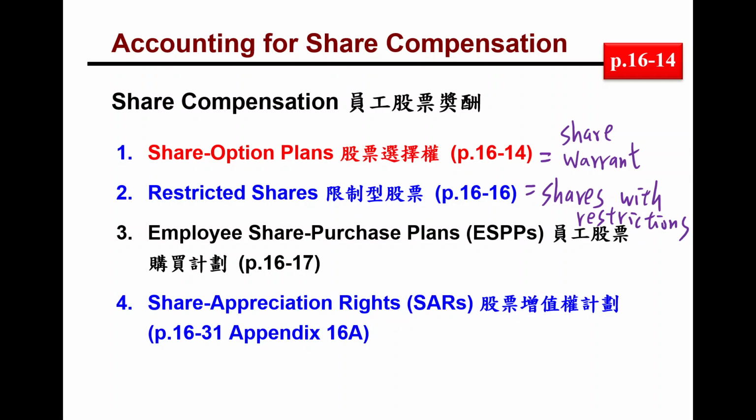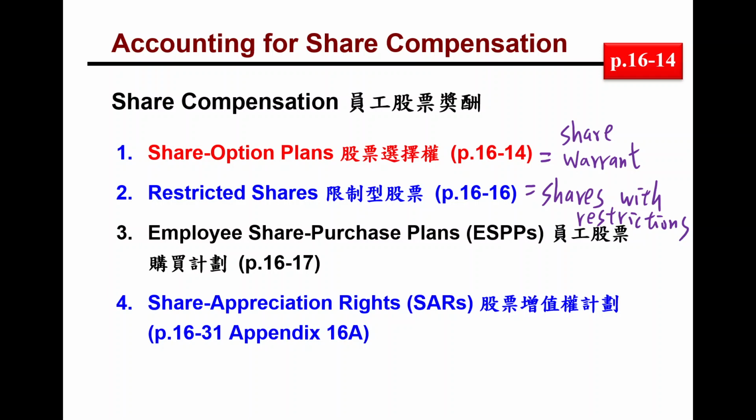You give your employees shares, but with some restrictions. 给了股票，但是有一些限制。 Okay, so that's the second major share compensation we have.